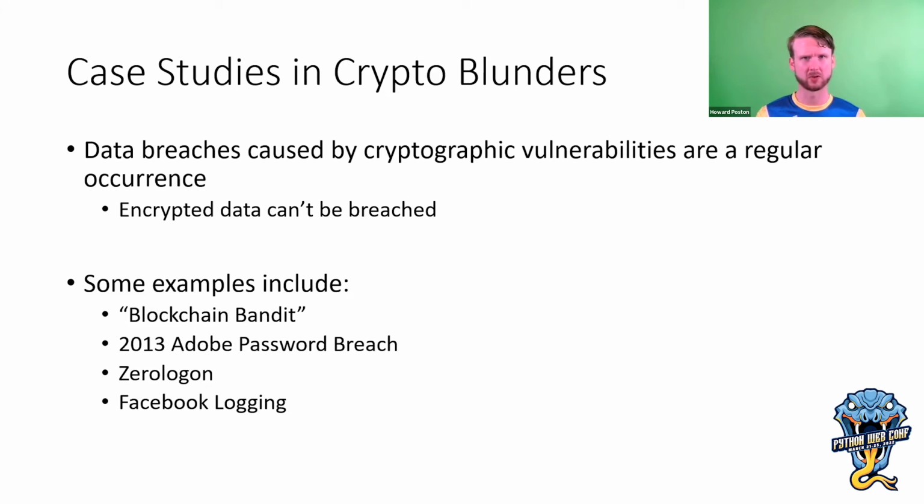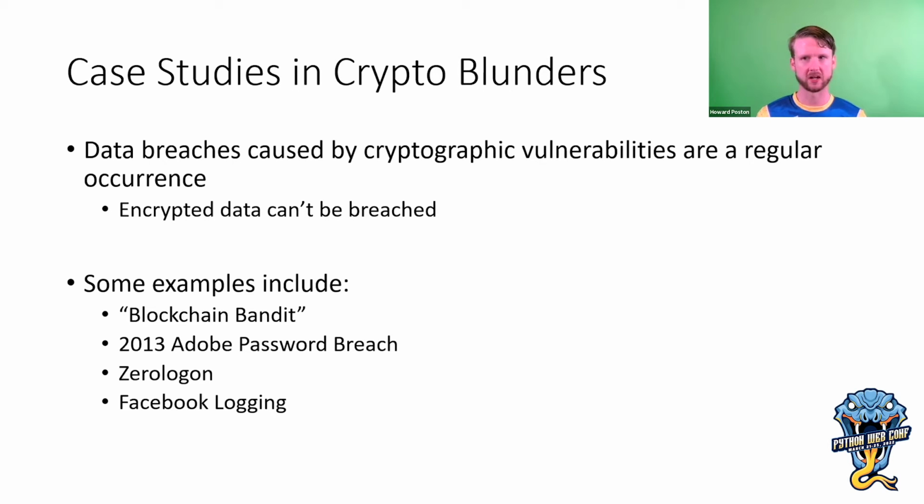If you look at data protection regulations like HIPAA in the US, which protects healthcare data, they say that if you're using a strong encryption algorithm and the keys weren't compromised, you don't have to bother reporting it. And so every time we have a data breach containing sensitive information, we have at least the failure of not encrypting that data, and there's probably something else that went wrong along the way.